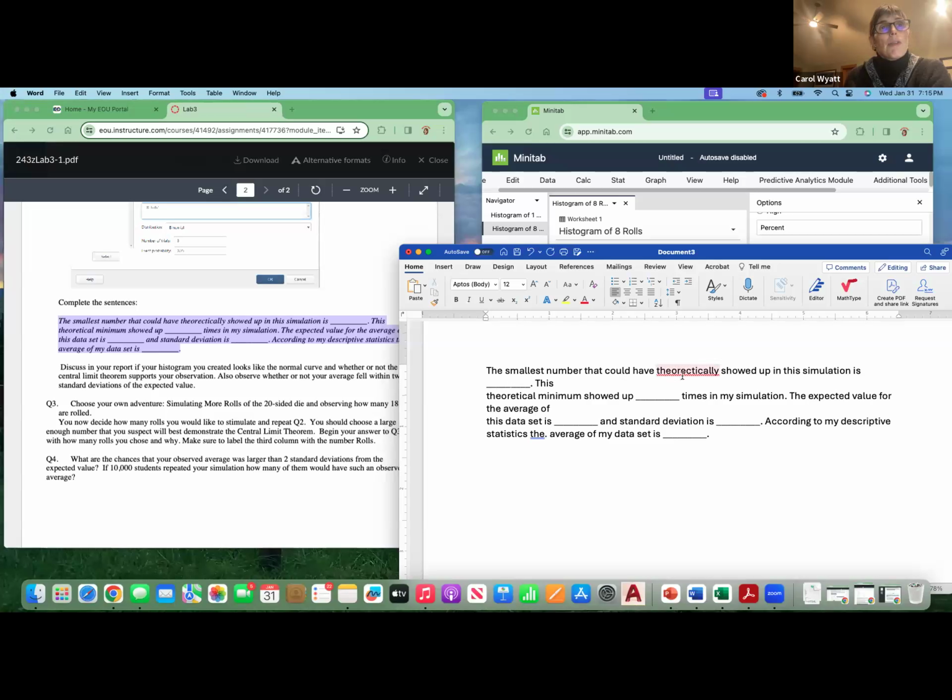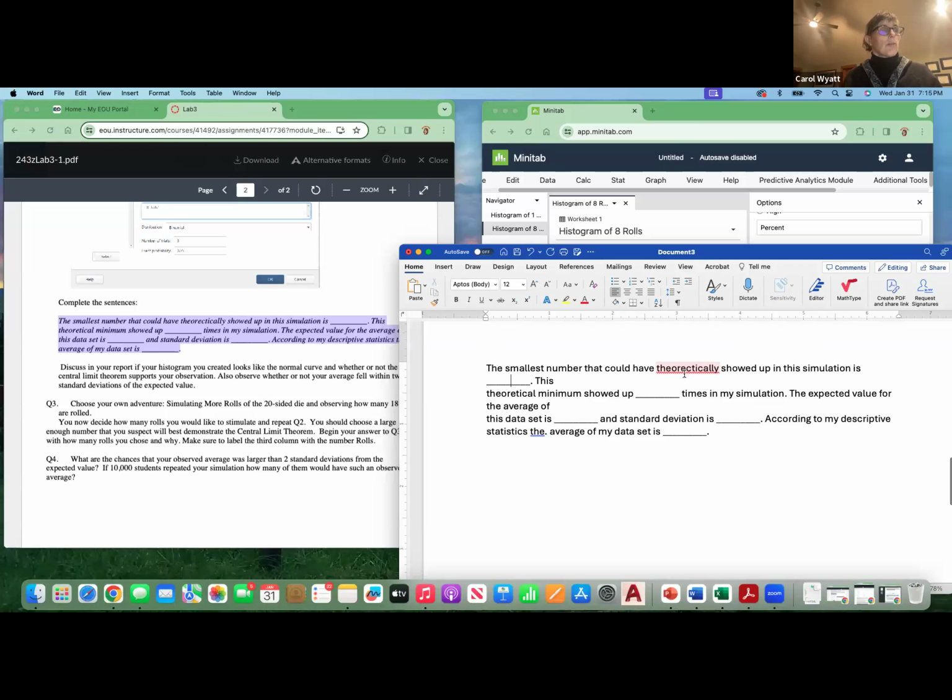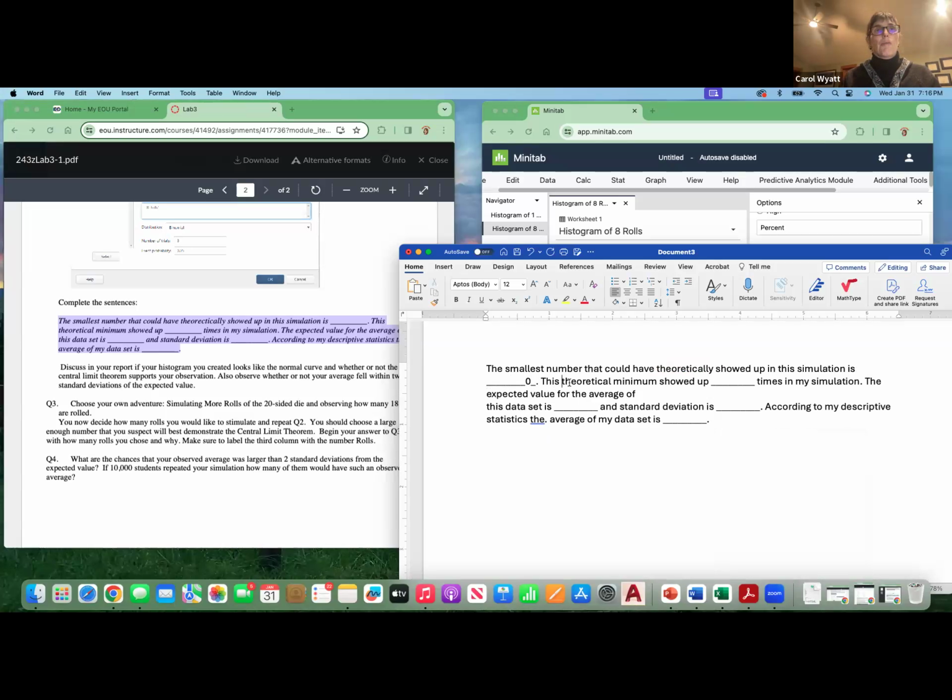The smallest number that could have theoretically showed up in this simulation is 0. This minimum showed up, remember I said 401 times. Our expected value, the average of it, is 0.4. The standard deviation was 0.616.